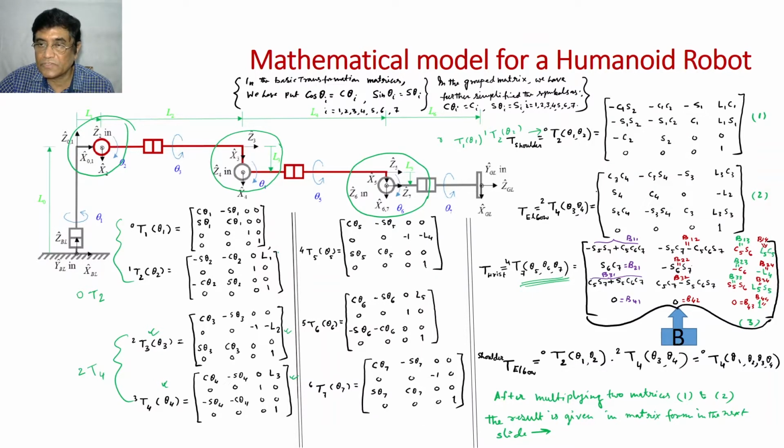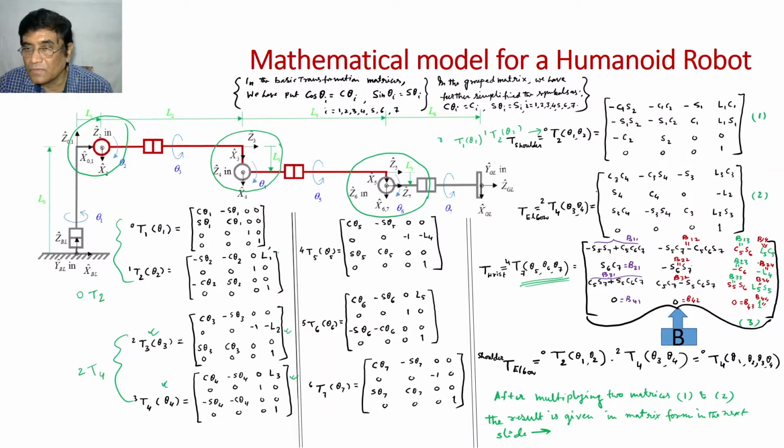This element is first row, fourth column. So B11, B12, B13, B14 can be substituted in place of these expressions respectively. Similar is the case for the others, B21, B22, B23, B34.